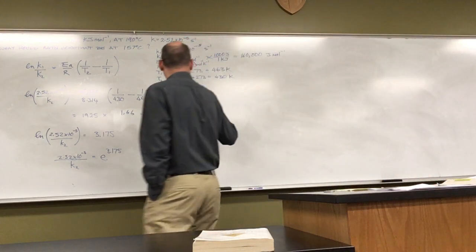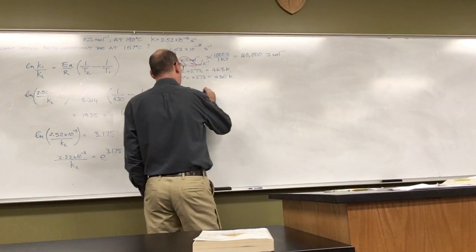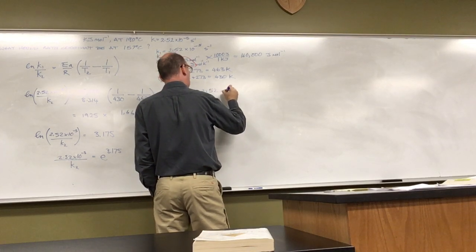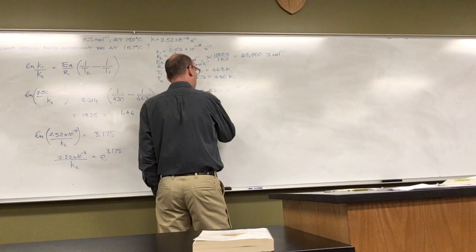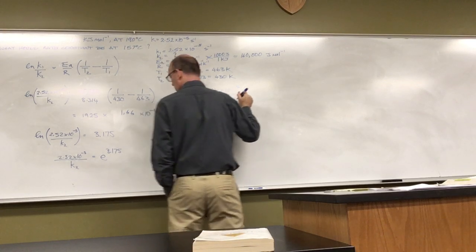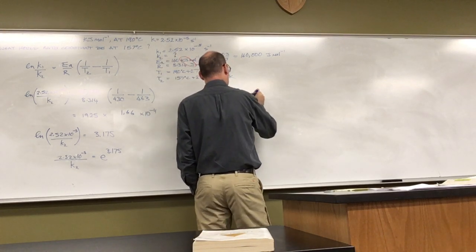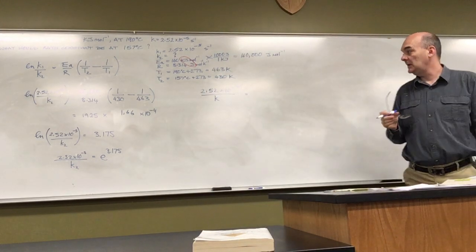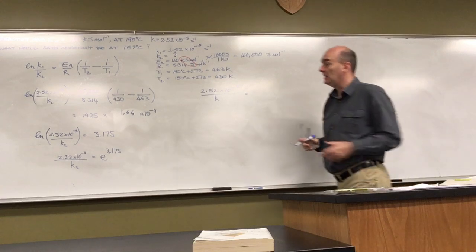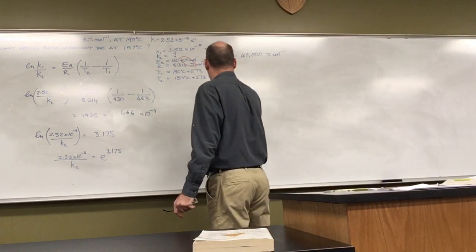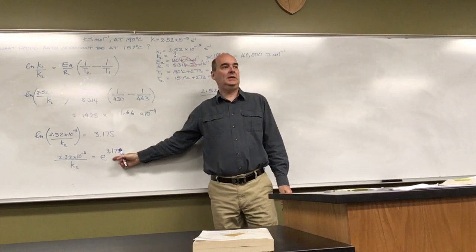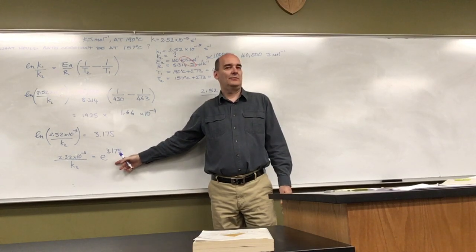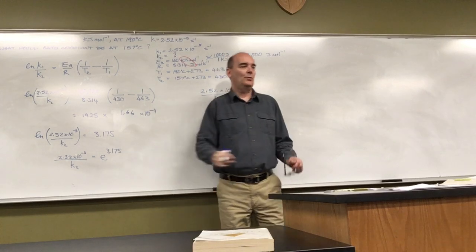And that is a number that I currently don't know, because at this point my numbers deviate from your numbers. They will reconcile at the very end, but I've got the inverse of what you've got. So 2.52 times 10 to the negative 5 over K2 equals the anti-natural log of 3.175.